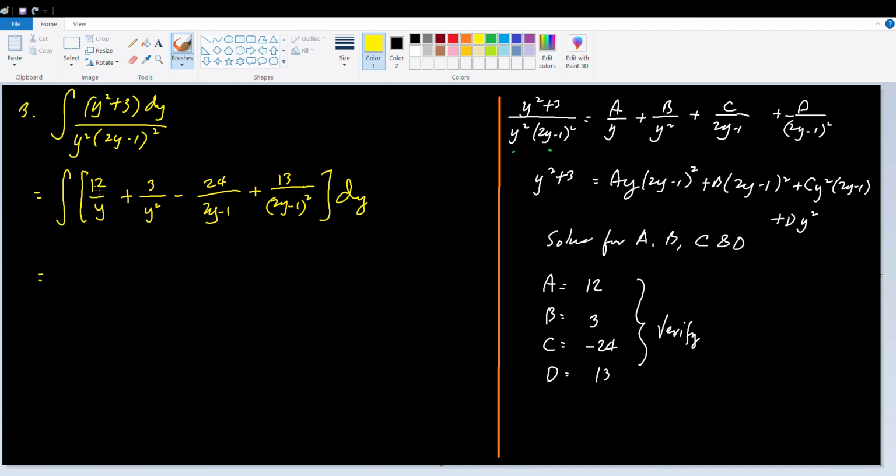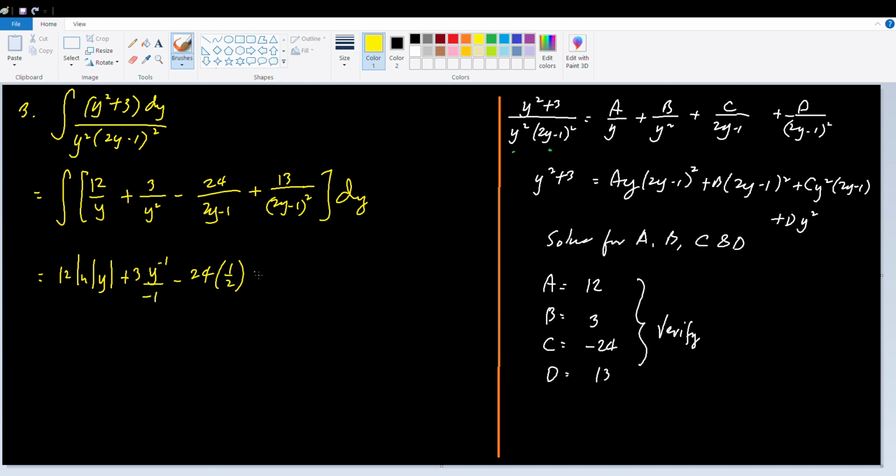So 12 over y dy gives us 12 ln absolute value of y. And 3 over y squared by our formula is y to the negative 1 over negative 1, minus 24. The integral of dy over 2y minus 1 is 1 half, because of 2y minus 1, the derivative is 2.